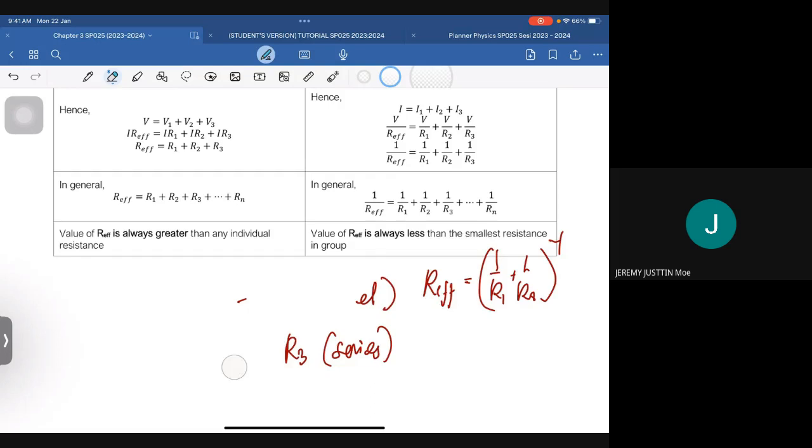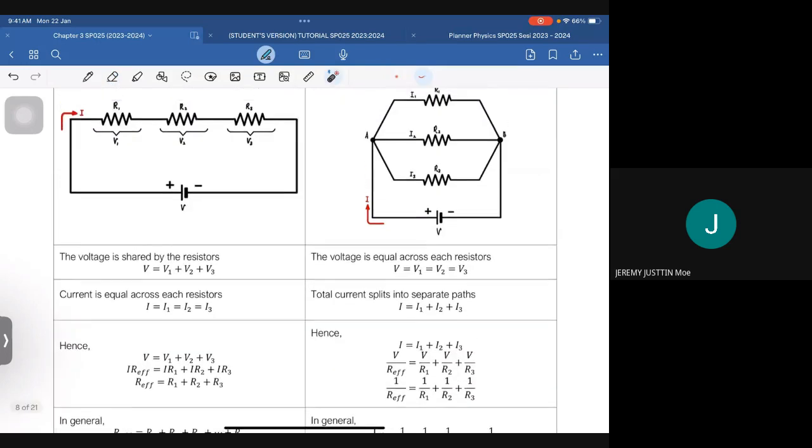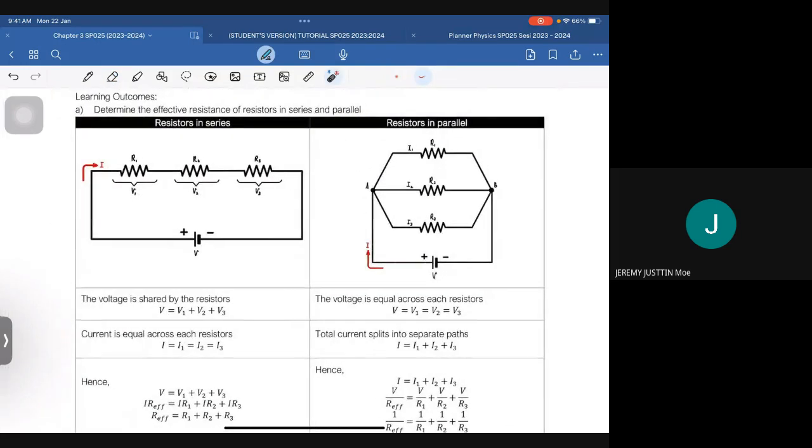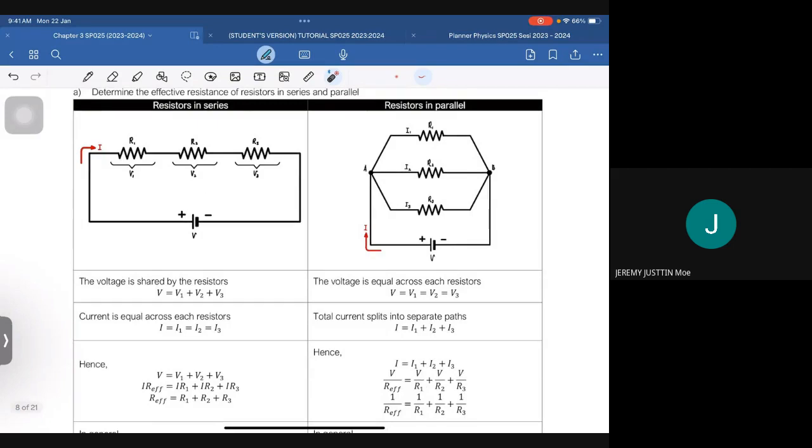Okay, so untuk resistor ni, karakteristik dia yang equal is, untuk series, voltage is not equal. Okay, so basically V1 is equal to V2 equal to V3 itu hanyalah untuk parallel lah. Okay, so yang ini basically dia akan letak voltmeter lah.